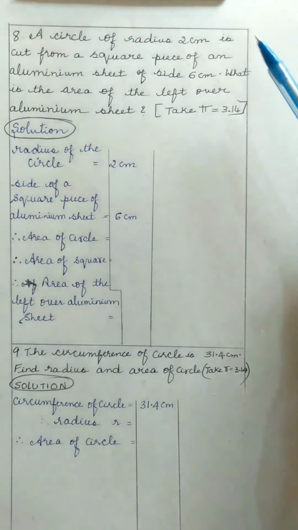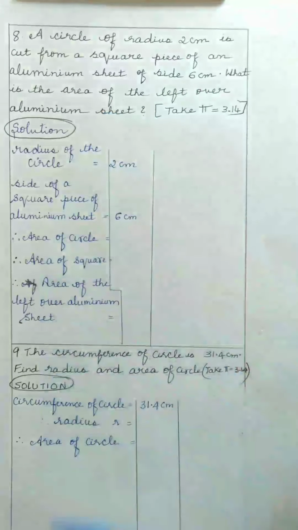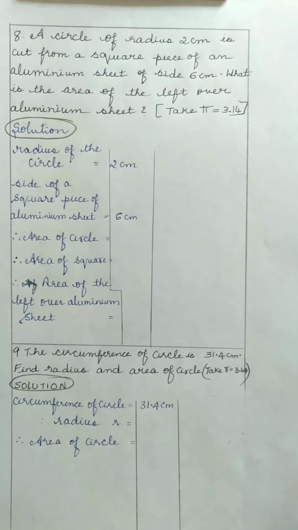What is the area of the leftover aluminium sheet? Now, we need to find out the area of the leftover aluminium sheet. A circle of radius 2 cm has been cut from an aluminium sheet. Therefore, from the aluminium sheet which has a side of 6 cm, a circle of 2 cm radius is cut.